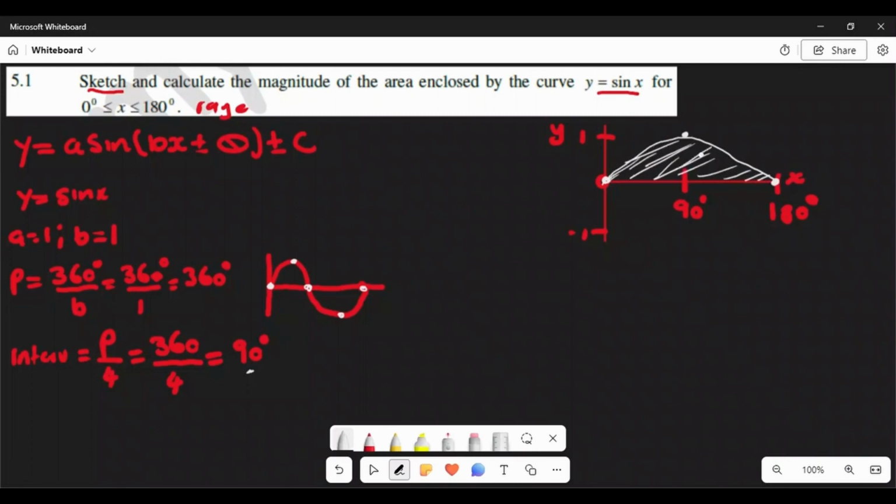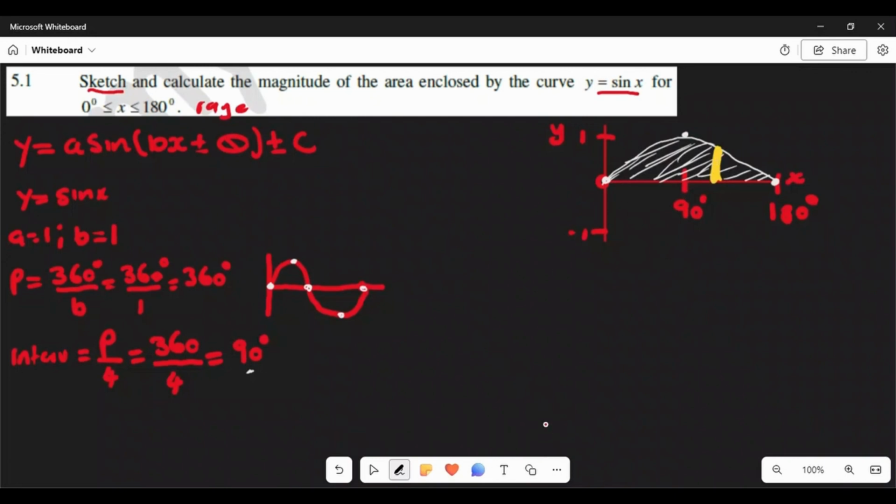So our area is shaded. Then don't forget to draw the strip, guys. For now, don't worry that much about it, as long as it's within the area that we are required to calculate. Some of you may put it here, some in the middle, but as long as you show the representative strip.